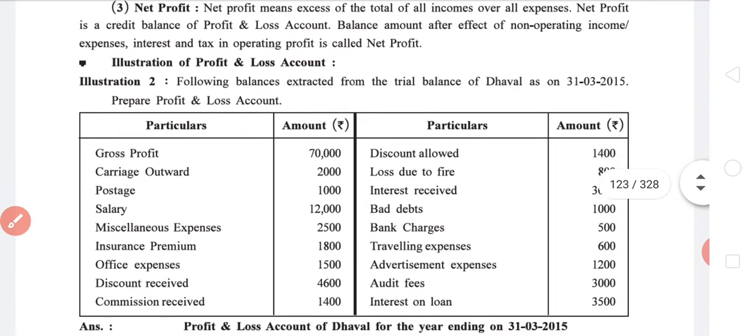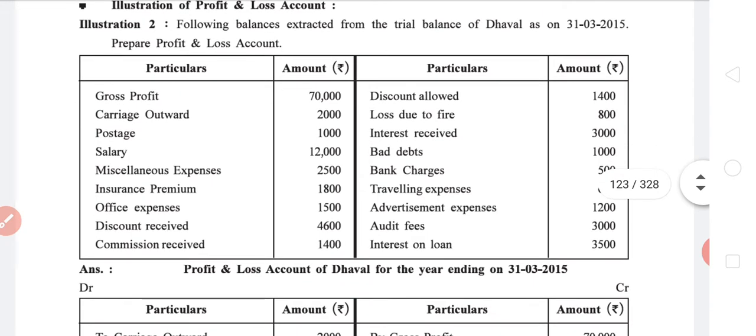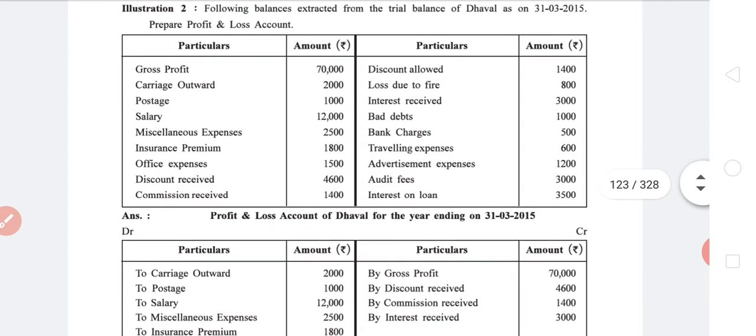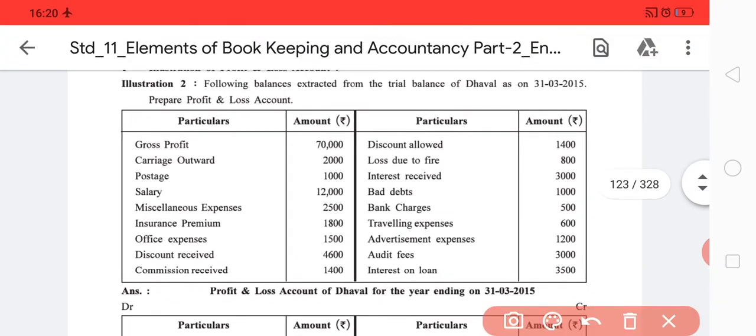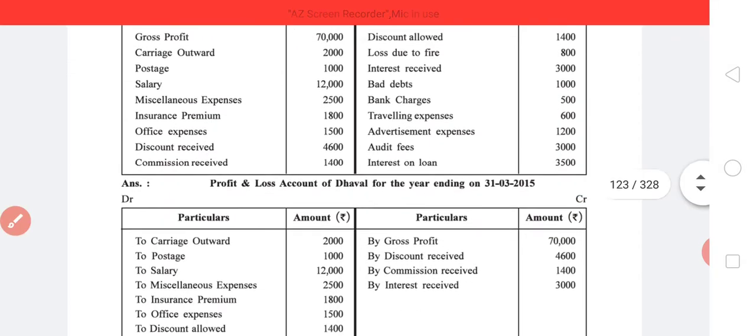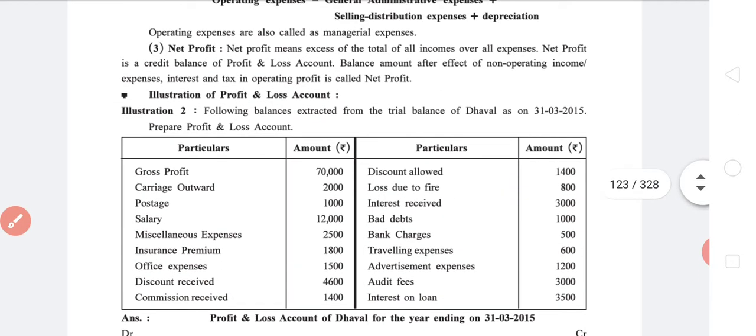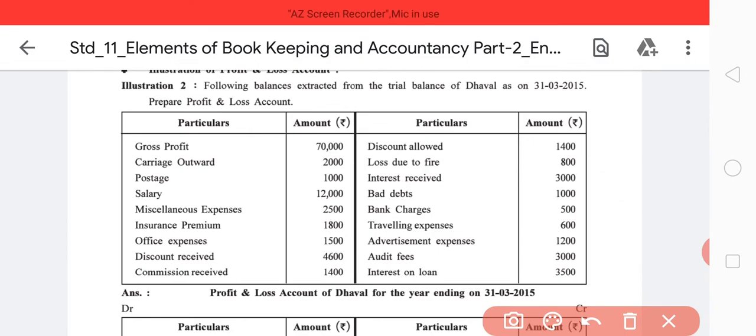Let's see one illustration which is based on profit and loss account. Now generally what is given? Gross profit is given. Where will you put it? Gross profit is debited to trading and credited to profit and loss. So here, profit and loss account, what you have to do? Following balances are extracted from the trial balance of Dhaval as on 31st 3 2015.